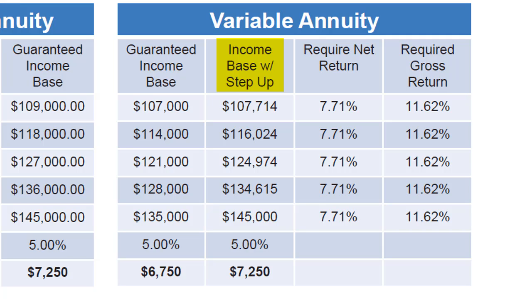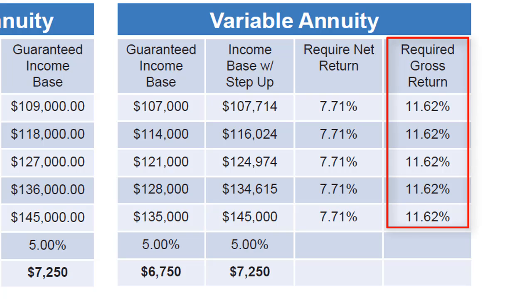Then you also have to take a look at the variable annuity, and you have to find out or ask, does the step-up occur before or after those fees and charges are assessed? All right, so we have two different columns here.